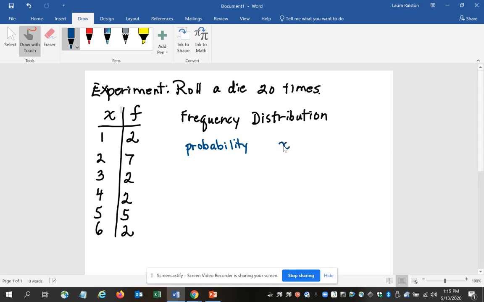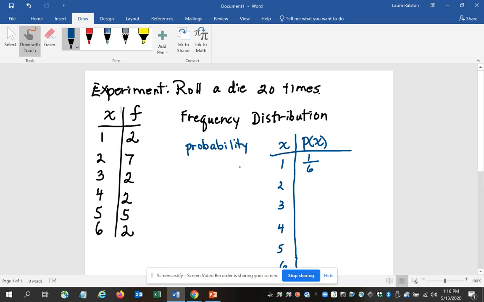So you could have a probability distribution. We use P for probability. We had F for frequency earlier. I can still roll a 1 or a 2 or a 3 or a 4 or a 5 or a 6. And if I think about it, there's one way to roll a 1 on a die, and there are 6 options. So the probability that I roll a 1 would be 1/6.